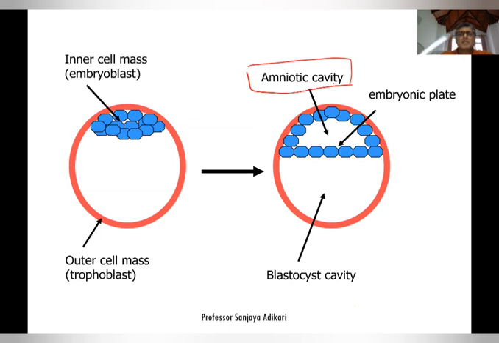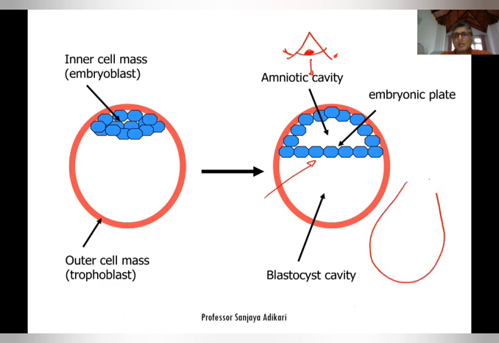By this time, when these cells get separated out and form a cavity, if you look from above, like this is your eye with eyelashes, you will see the cells at the bottom like a plate.